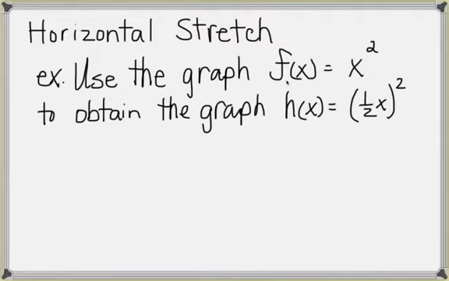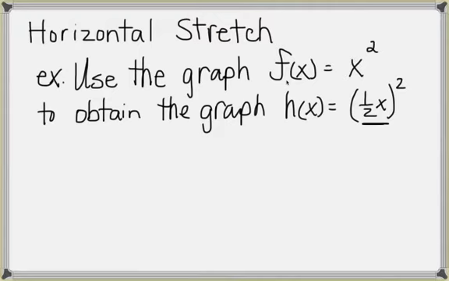So what we're looking for anytime that we are stretching or shrinking is a number that's either being multiplied to my original function or a number that's being multiplied to an x. So you can see here that inside the parentheses I have a number, 1/2, being multiplied to the x.